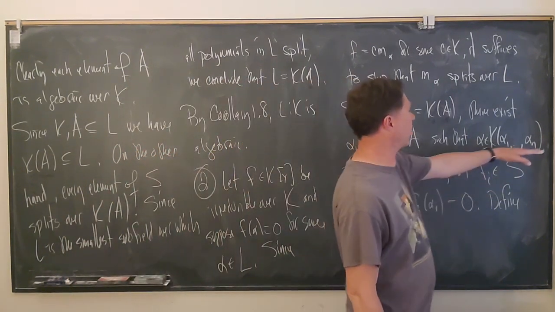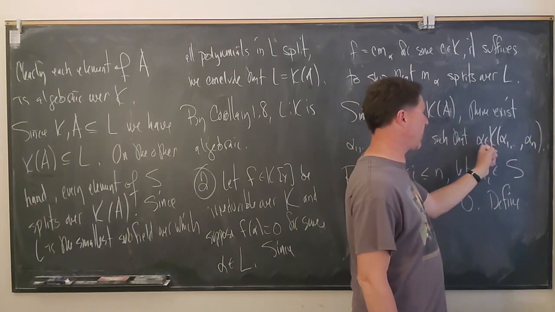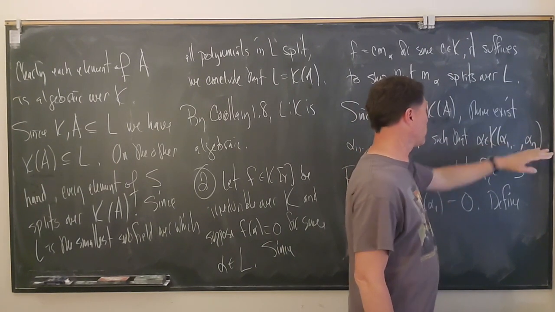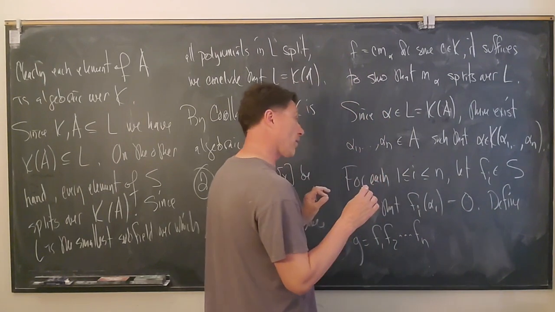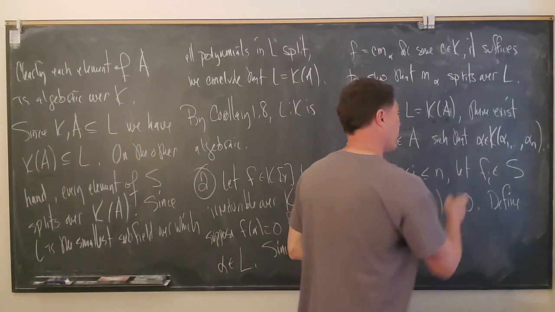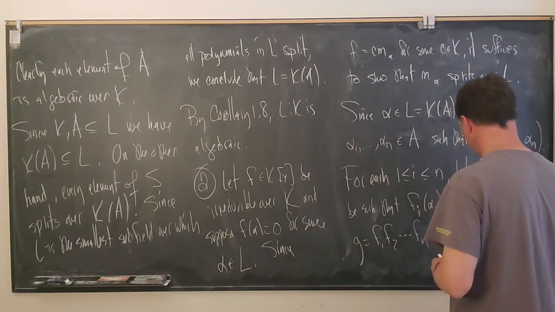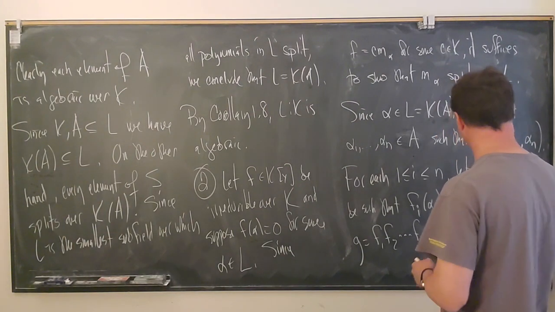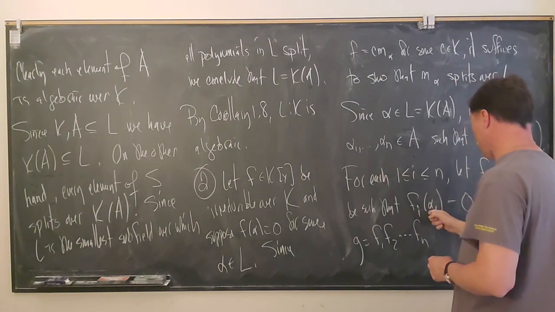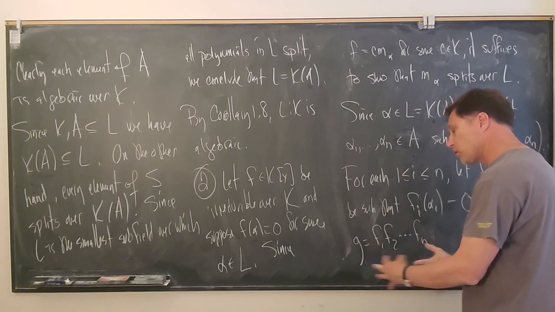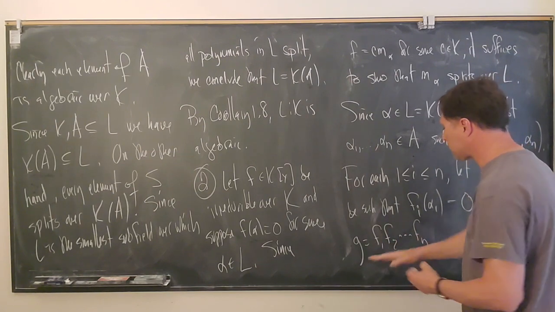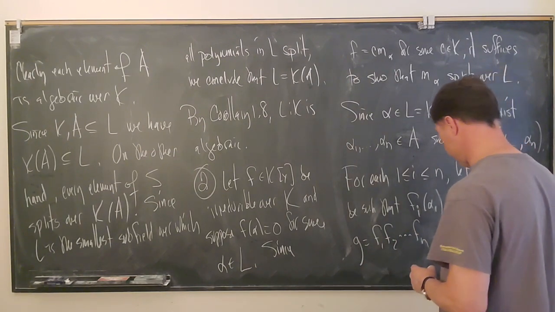We take this finite collection of alphas that contains our original alpha. For each one of those, find an element of capital S for which that polynomial has alpha i as a root. And then we multiply all those polynomials together. That gives us this new polynomial called G.